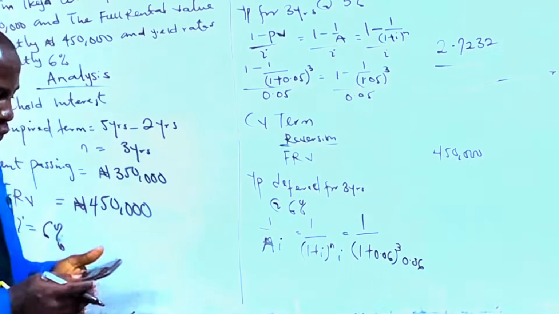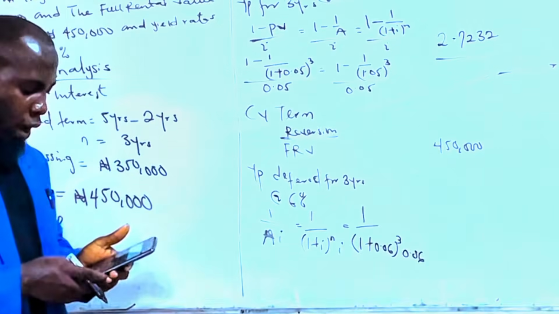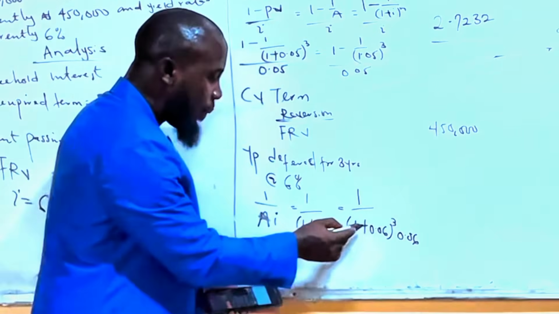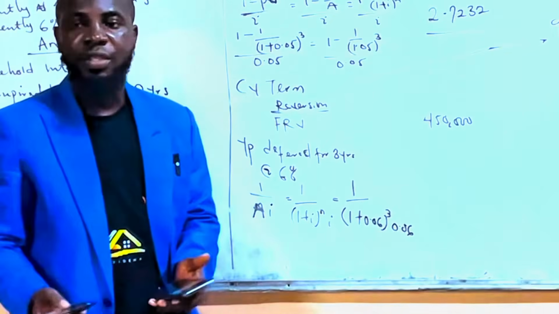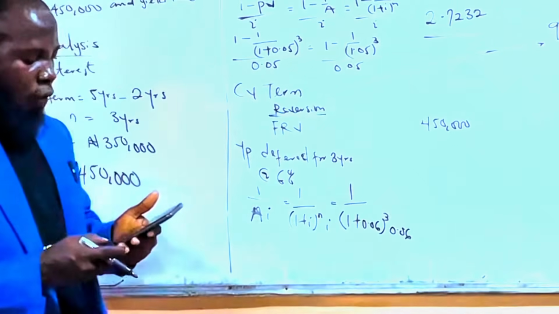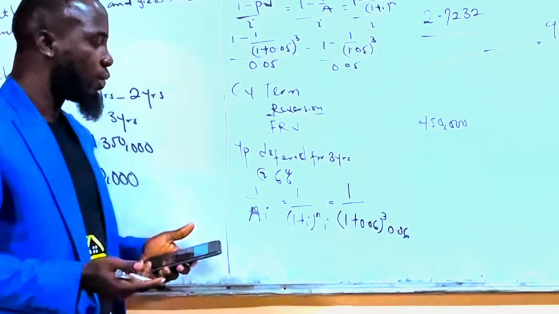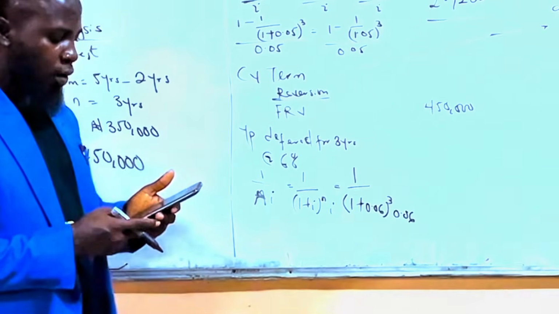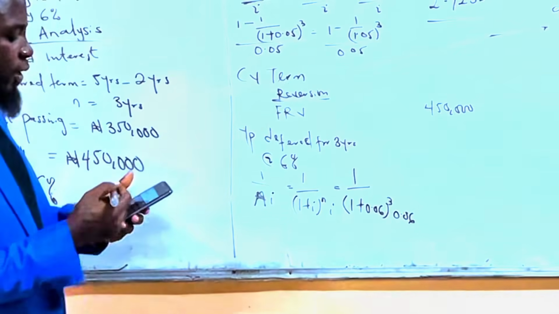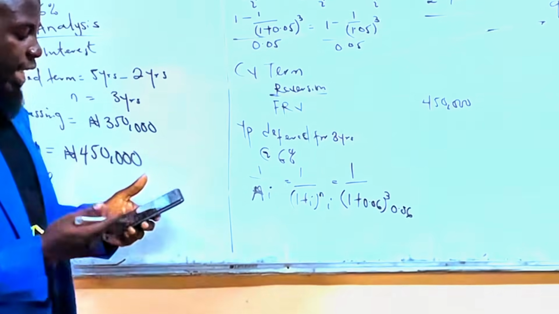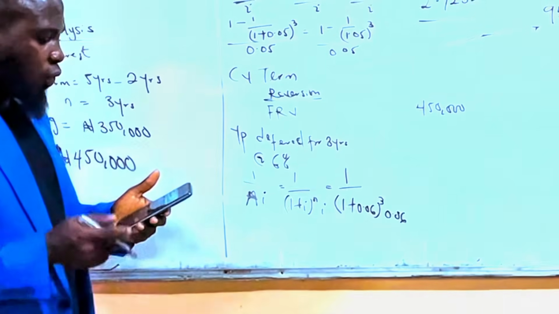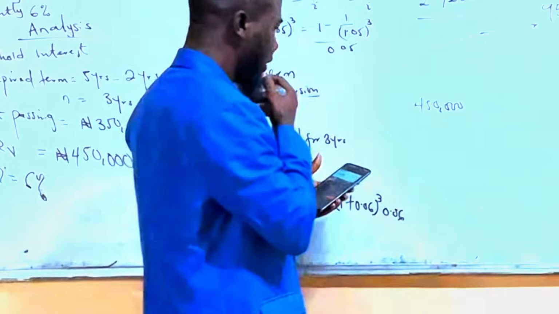Now let's go. 1.06 raised to power 3, we have 1.1910. Multiply by 0.06, we have 0.0714. Then use your answer to divide 1, we have 13.9937.